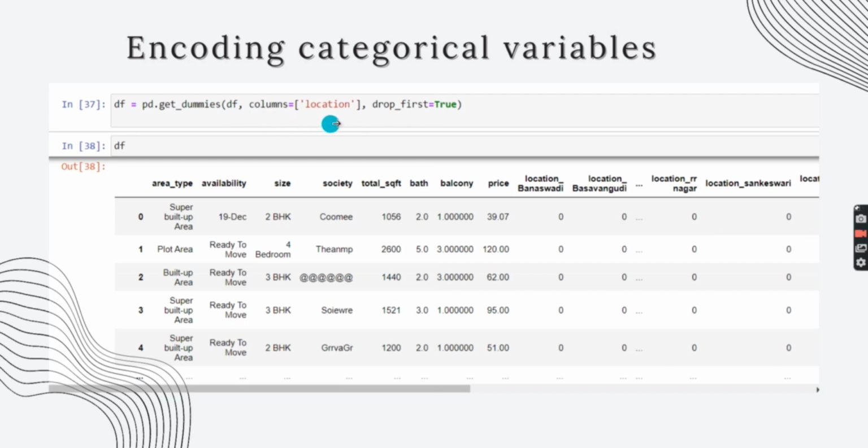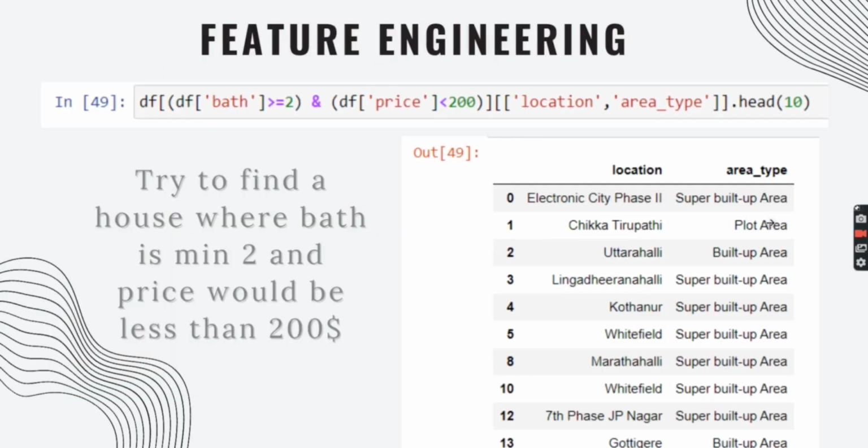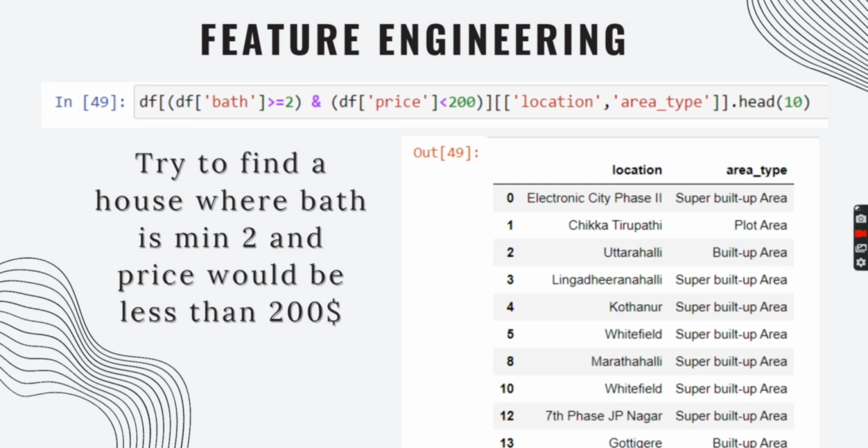You can see for location I am using that get_dummies function. You can follow the same steps for the other columns as well with dummy or encoding techniques. In this section, we get to see a lot about converting data types, encoding, and filling missing values.